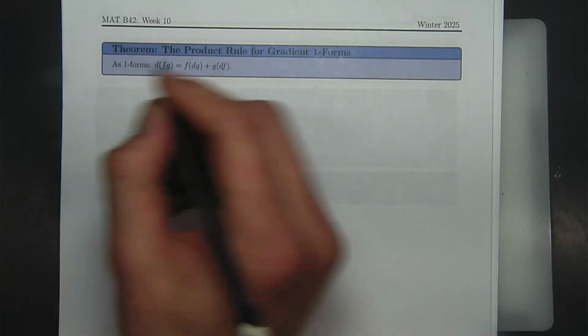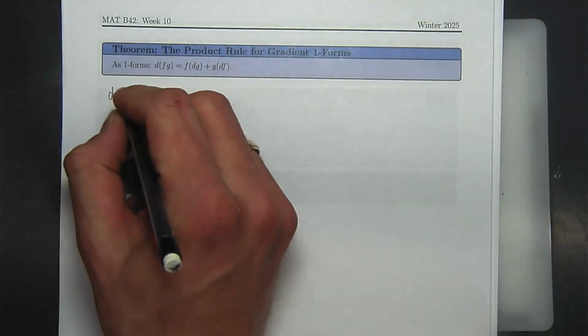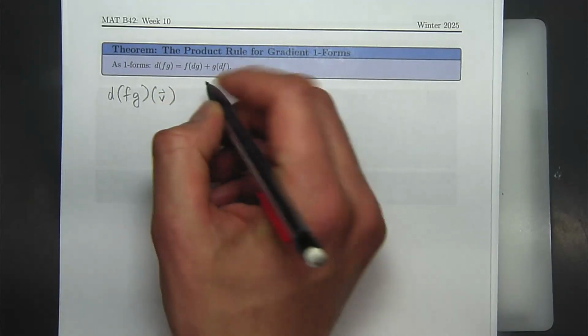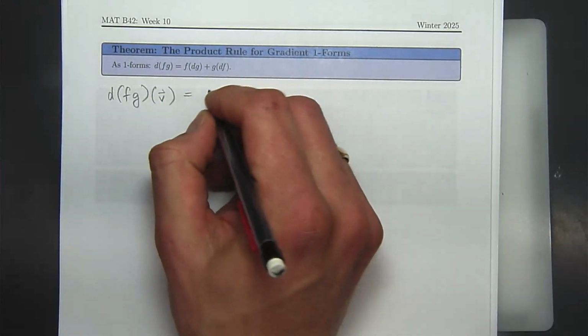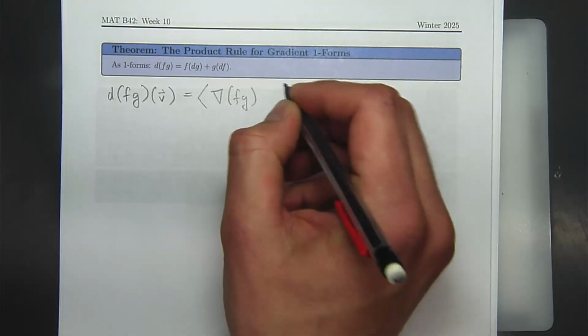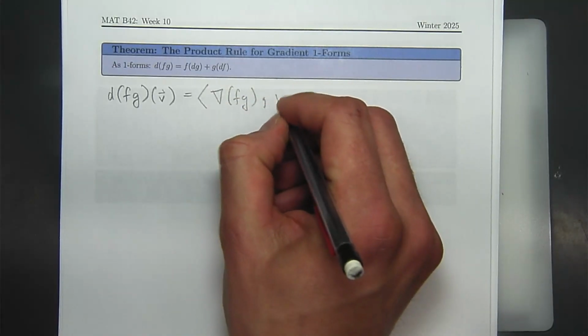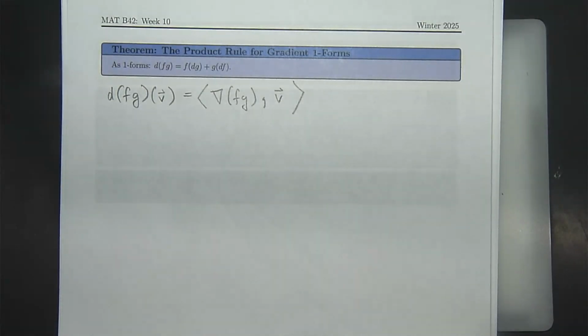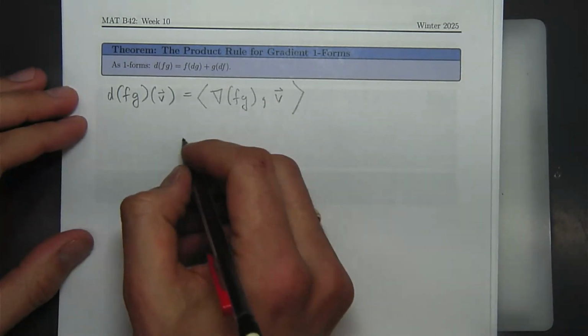So what do we have? The gradient one form of a product, that's just the gradient of a product of two things.